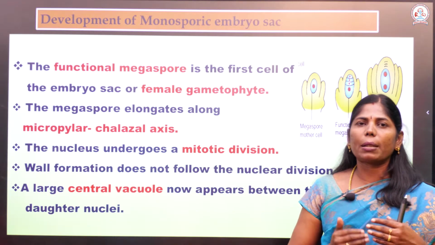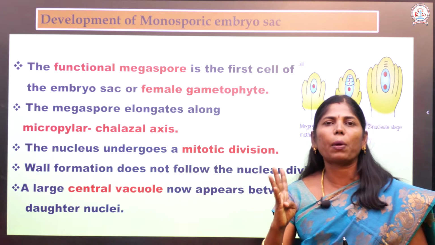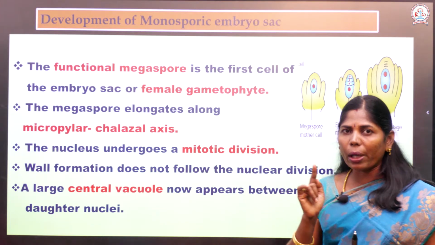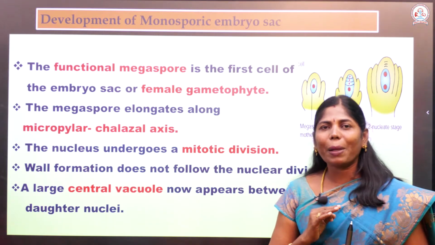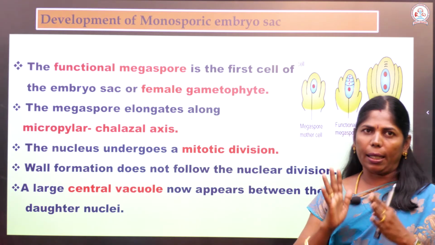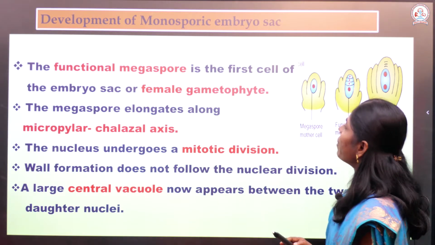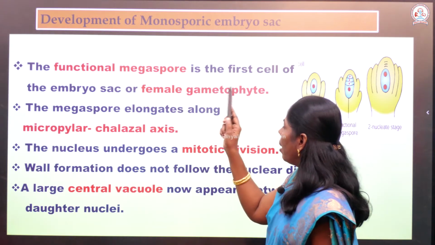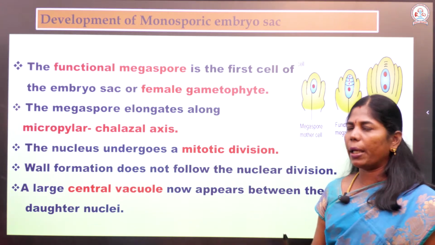The megaspore mother cell undergoes meiotic division to form 4 haploid megaspores. Of the 4 haploid megaspores, only one is the functional megaspore and the remaining 3 degenerate. The functional megaspore is the first cell of the embryo sac, or female gametophyte. So the embryo sac is going to form from the functional megaspore.